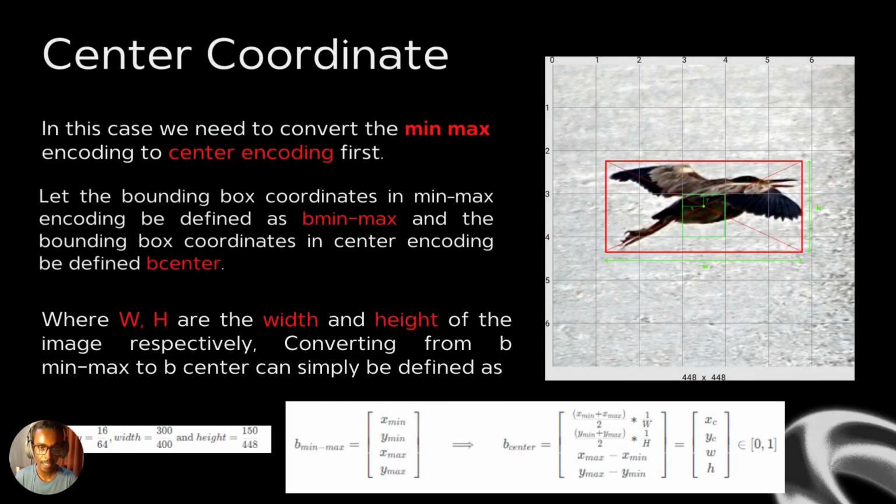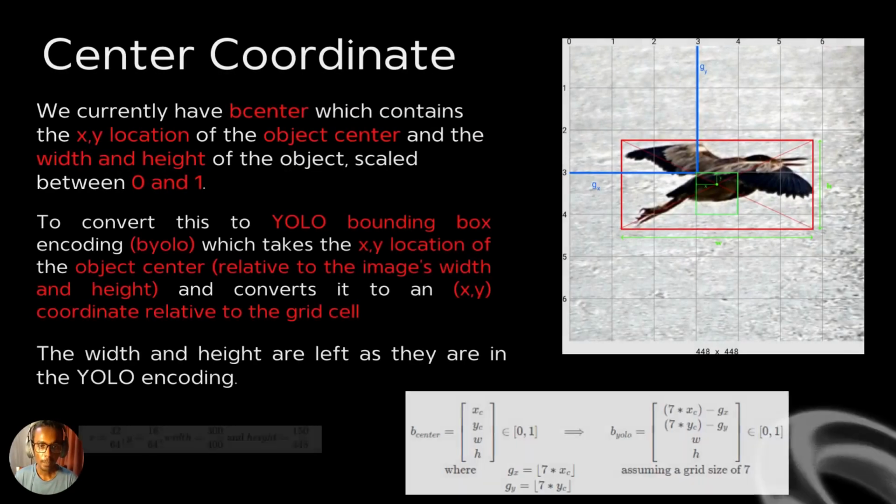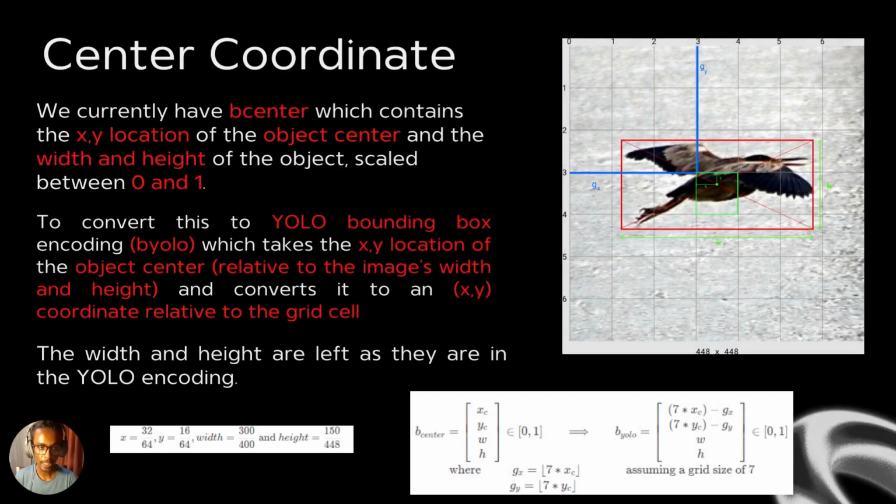And when we multiply by 7, what we're doing is, according to the previous example we did, dividing the x and y coordinates by 64, which is the dimension of the grid cell. So in order to get that 64, we need to multiply 7 by the width and the height. So when you cancel out by 7, it becomes 64. So that's why we multiply by 7.